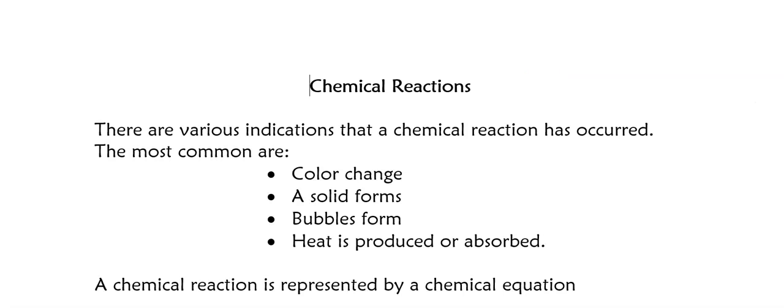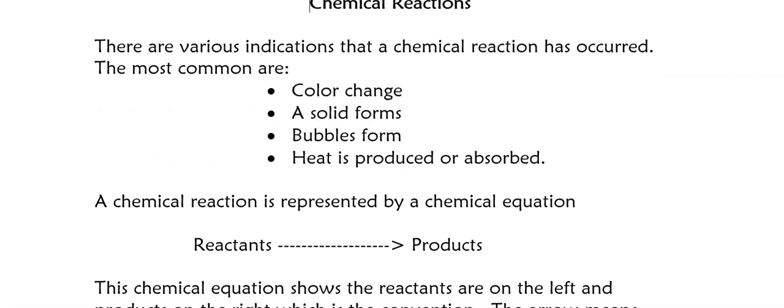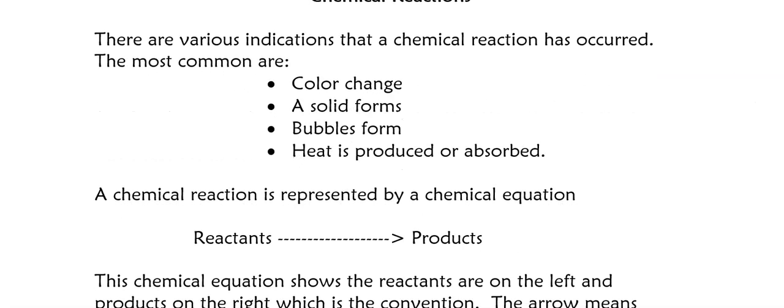All right, chemical reactions. There are various indications that a chemical reaction has occurred. These are some visuals that, if you're in a lab, you can identify that a chemical reaction versus a physical reaction has occurred. For example, a color has changed. So when you're adding two chemicals together and an outcome of a color change occurs, or if there's some sort of solid that forms as a result.